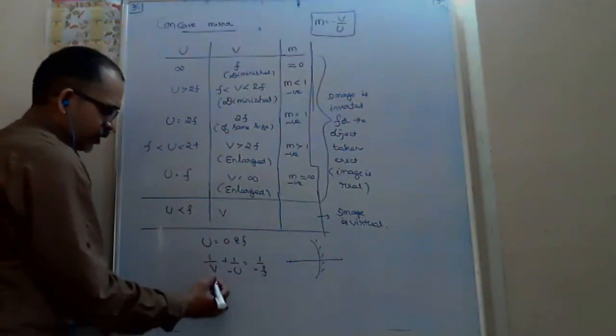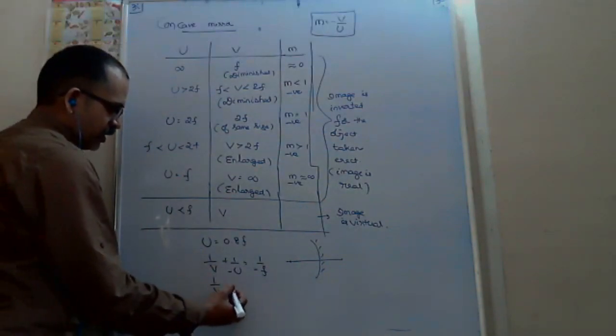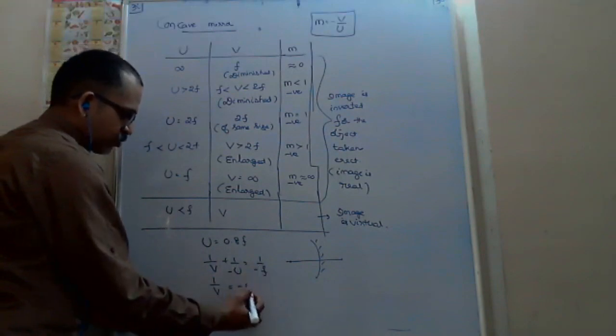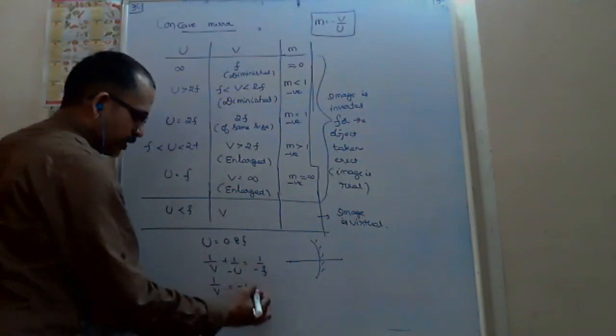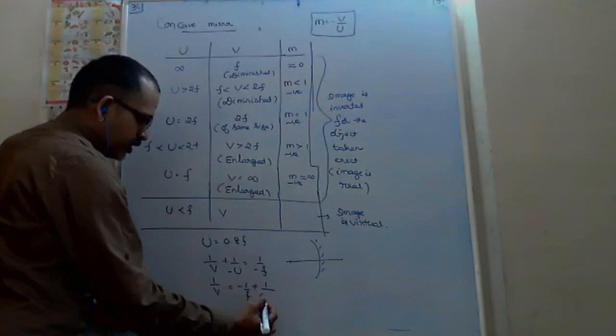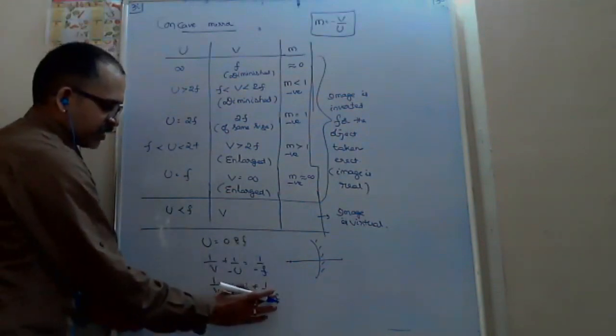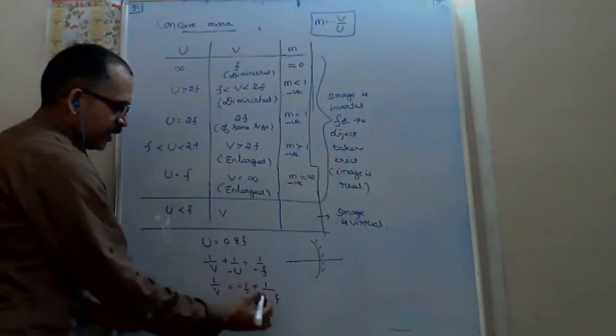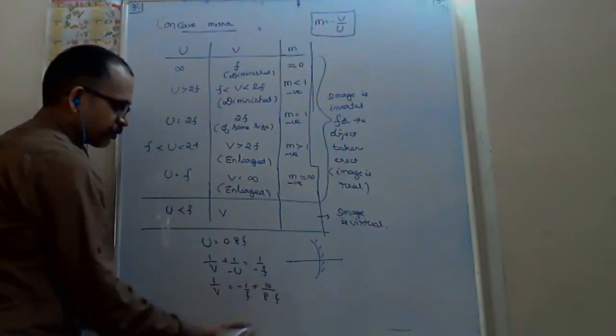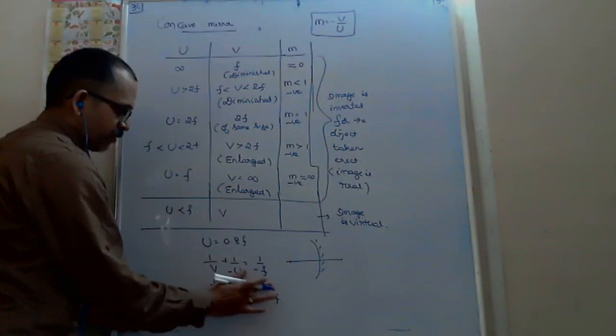Okay. So if you substitute the values, 1 by v equals minus 1 by f plus 1 by u, where u is 0.8f. Better we take a fraction. 0.8 is nothing but 8 by 10, that is 4 by 5.